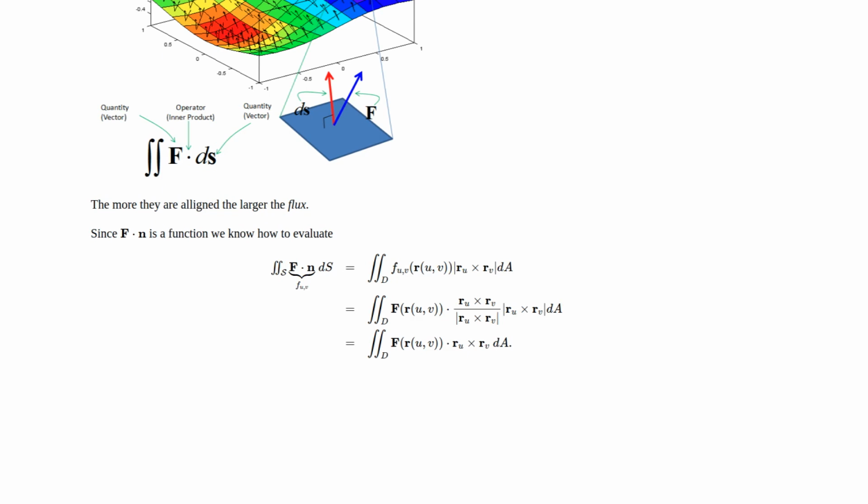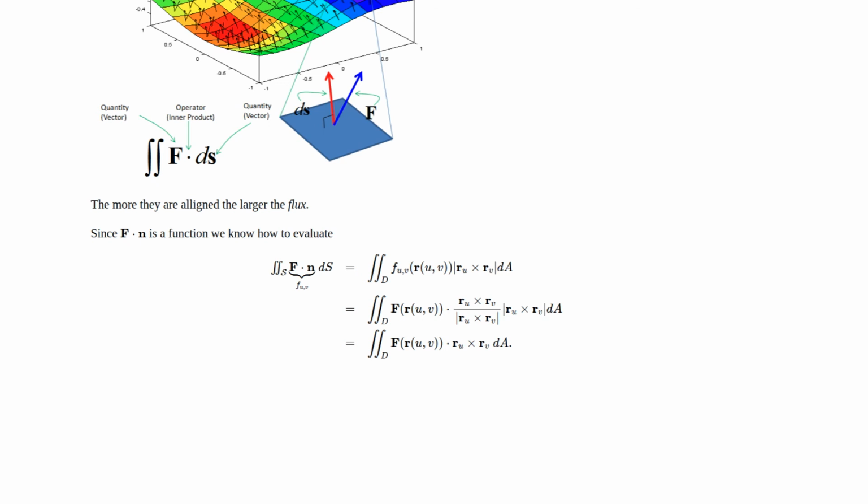Since F dot n is a function, we know how to evaluate it. So the surface integral of F dot n dS is, if we define F dot n to be this little f(u,v), just our function surface integral that we discussed at the beginning of this lecture. We define that as the integral over parameter space of this little f(u,v) of r(u,v) times the magnitude of the cross product forming the parallelogram, r_u cross r_v, dA.